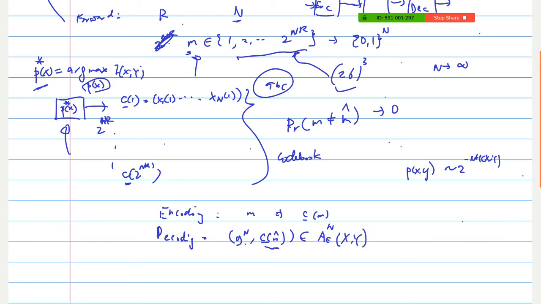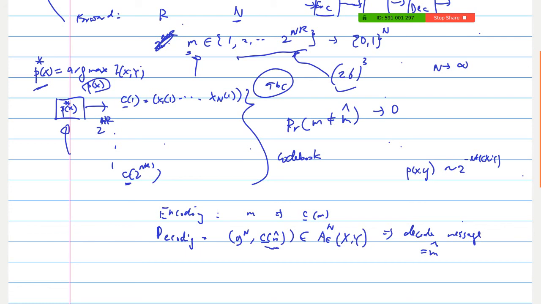So therefore, we say the message is M hat. Very simple, right? To decode the message, just look for that one requirement.